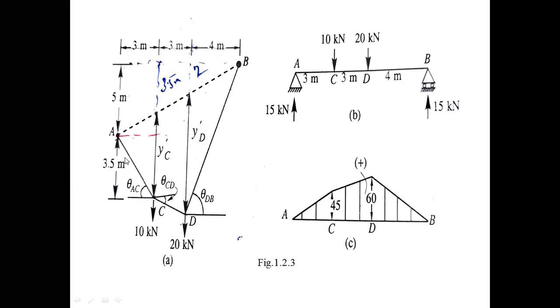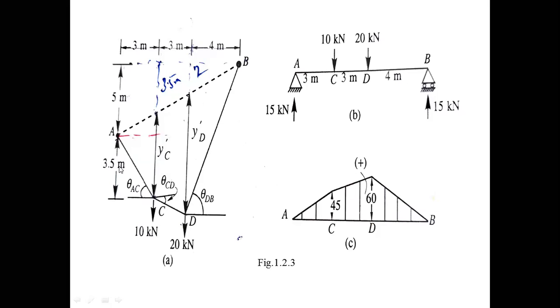Also given is the vertical ordinate from the level of the lower support A to the point C, which is 3.5. Once the ordinate is known, you already know the tension in the cable, or horizontal reaction, is the same at all points. It is given by the bending moment at that point divided by the vertical ordinate.